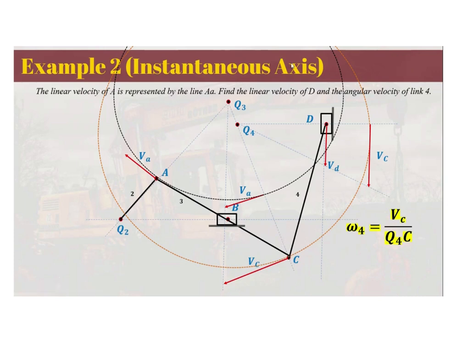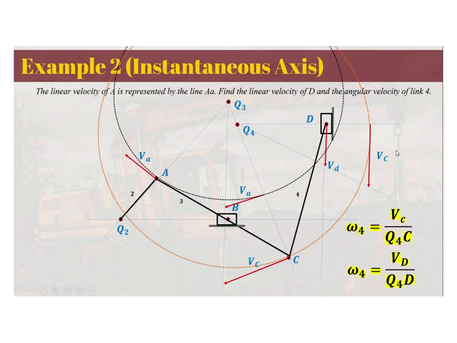It's like saying that the angular velocity of this link 4 is just equal to the angular velocity of this particular point here. So we have the velocity of C divided by the distance from Q4 to C. Or you may also use D, so that's the velocity of D divided by the radius Q4D.